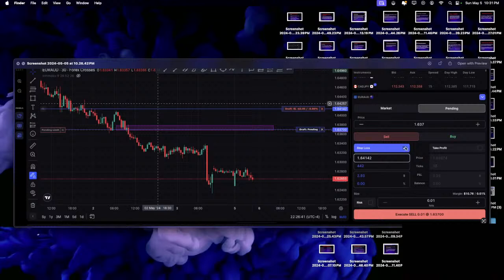And next, you click this box to toggle on the stop loss and add this exact number you see on my screen. 1.4142. You can also see this number here in blue. And let me know when you got those done.